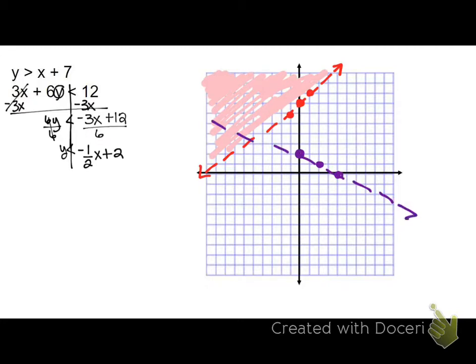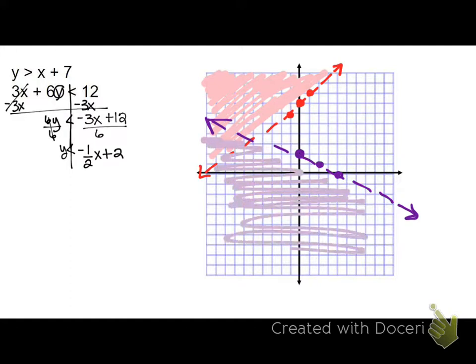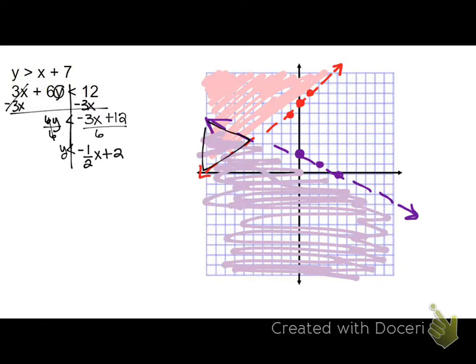Y is less than. So do I shade above or below? Below. The solution is this itty bitty space right in there. It makes a triangle.